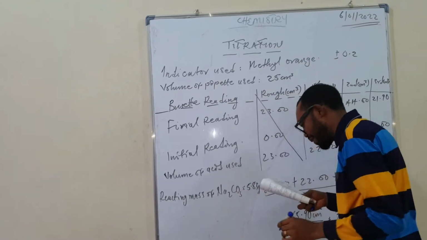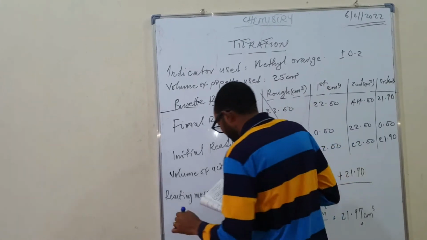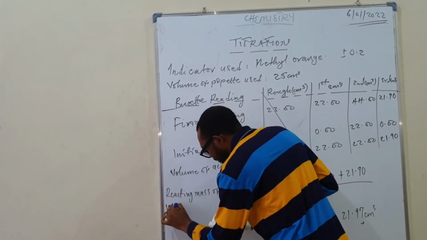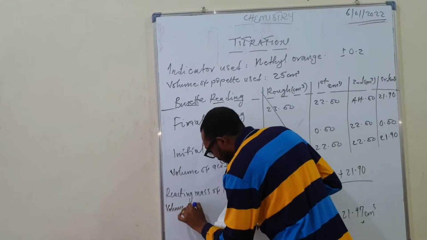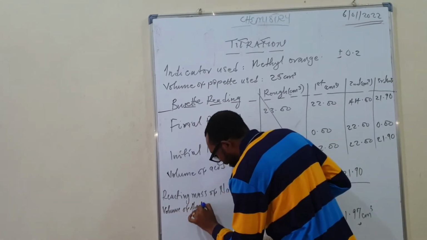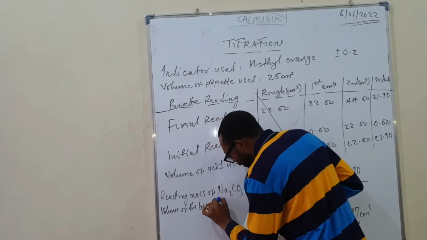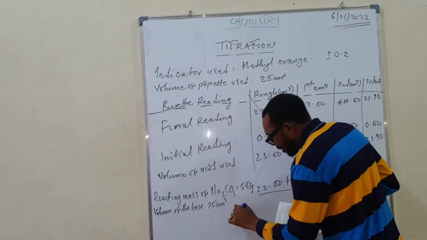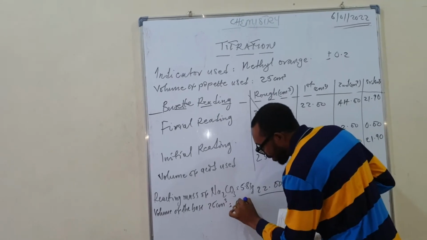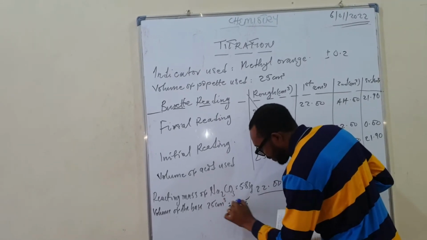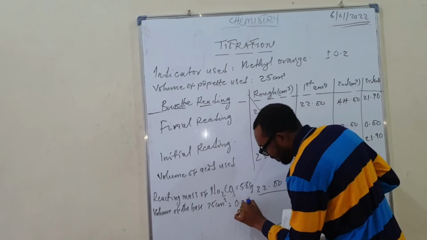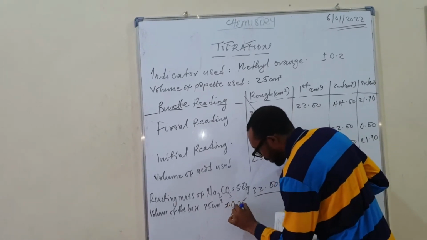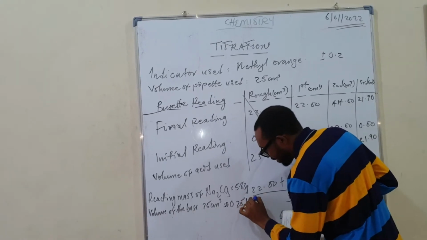That's given in the question. Now from the question also, we know that the volume of the base is 25 cm³. If you convert this to dm³, we will have 0.025 dm³.